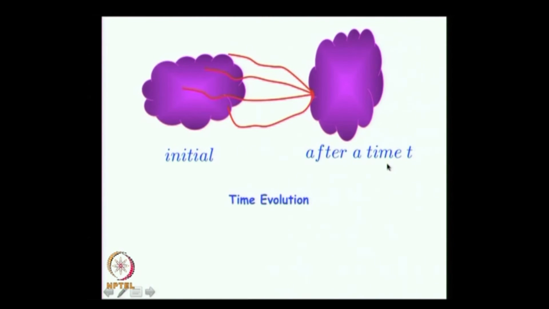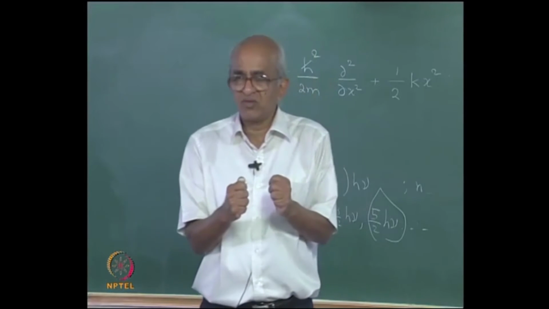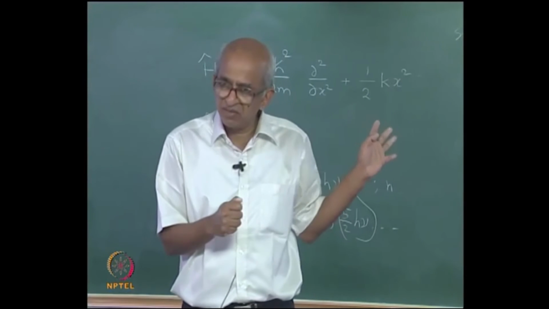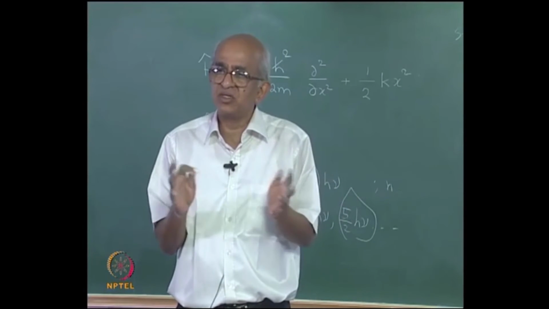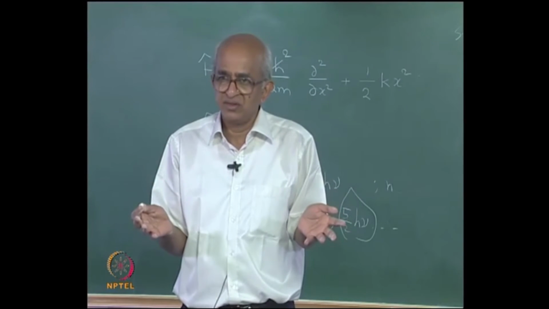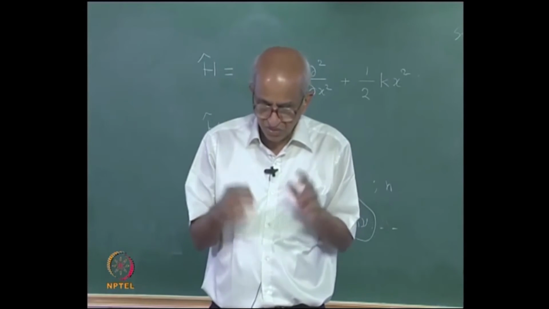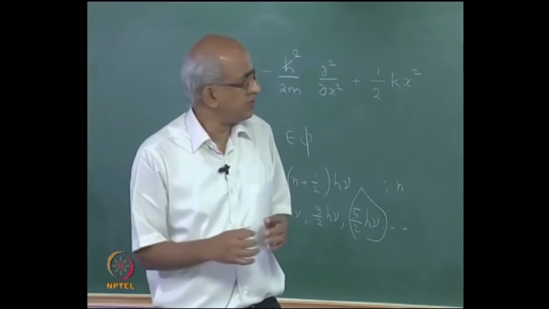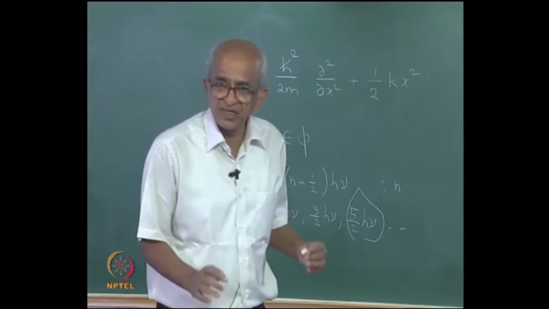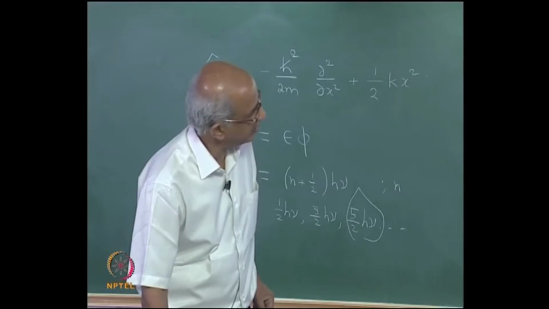This is what happens in general, but there are certain special situations where, even though the system evolves in time, the shape does not change, okay. So, those are the states that are referred to as stationary states, and we want to find them. And the question is, how do we find them?